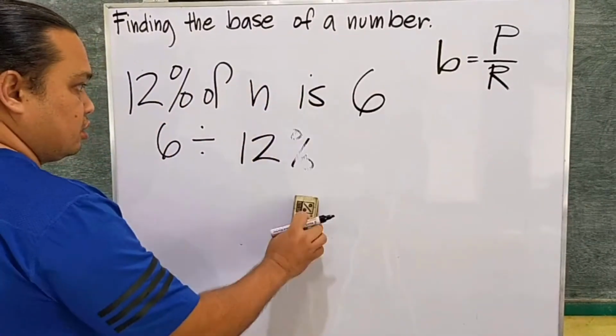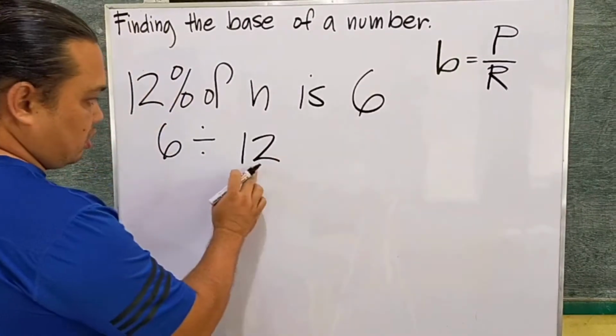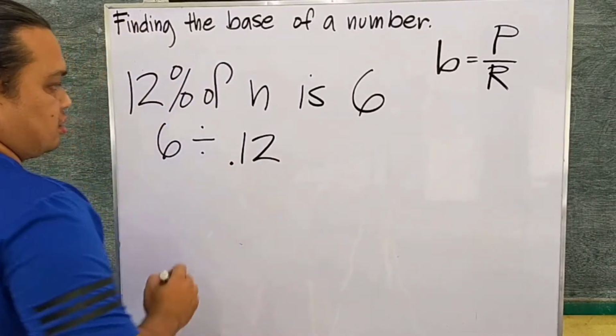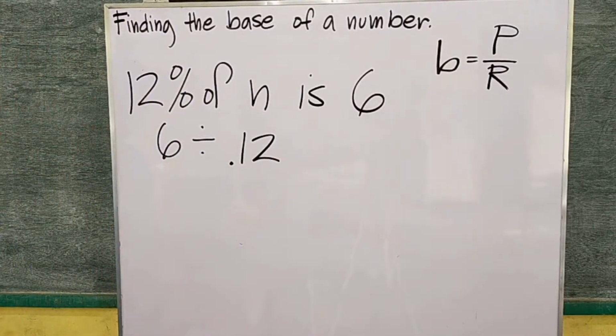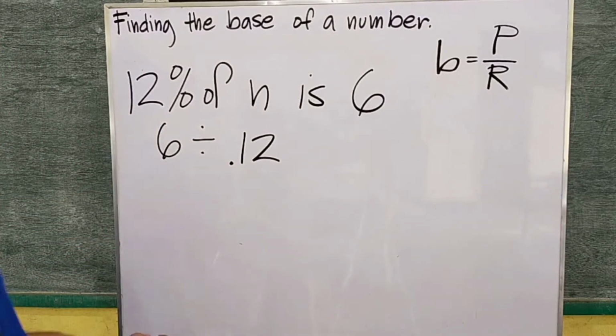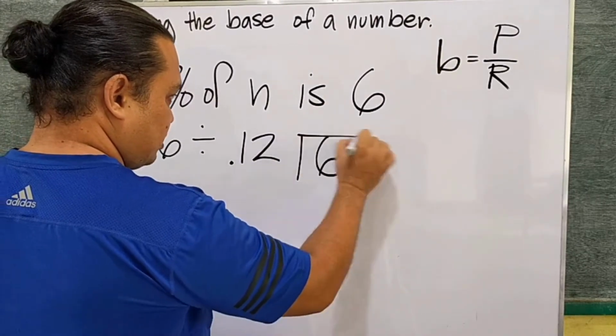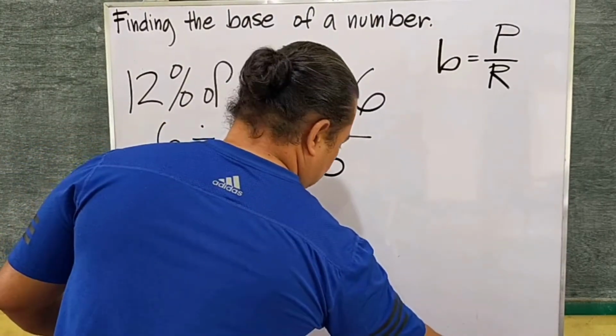That is 2 steps to the left, 1, 2, and that will be 0.12. So 6 divided by 0.12. If we are going to arrange that vertically, that will be the result.